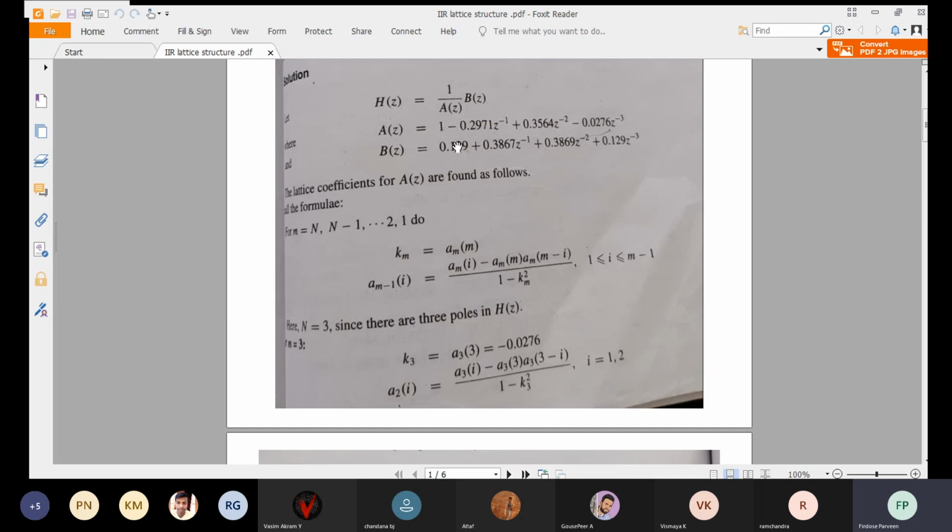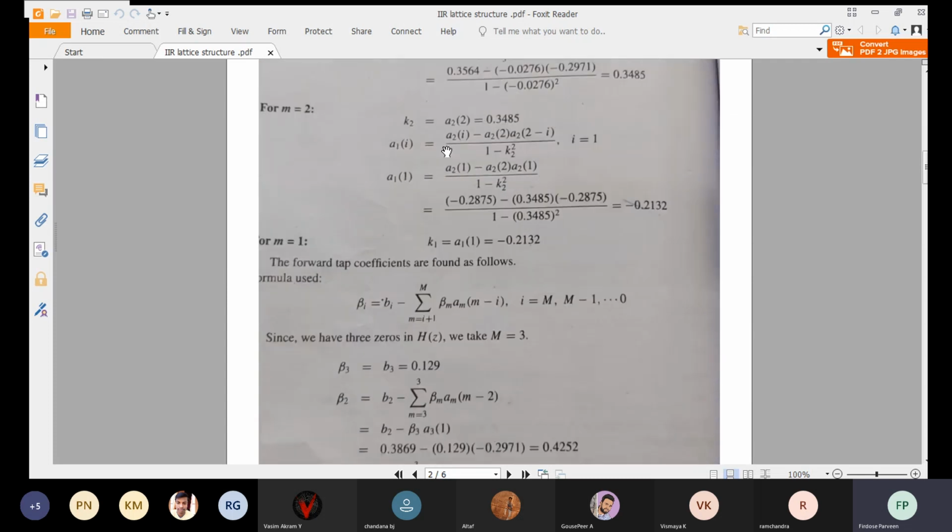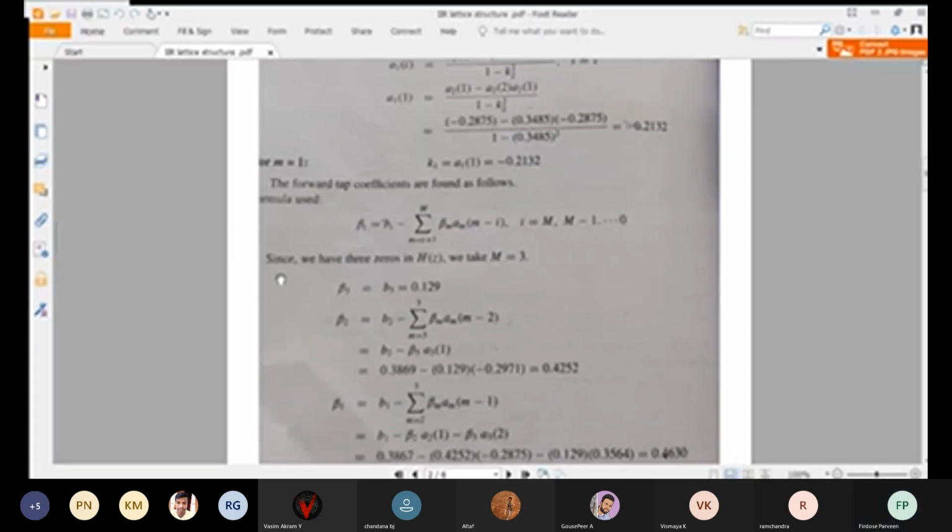So that is this one. Now I'll calculate for i is equal to 2. So when i is equal to 2, beta 2 is equal to B2 minus summation m is equal to 2 plus 1, it is 3 till 3, of beta m into am into m minus 2.